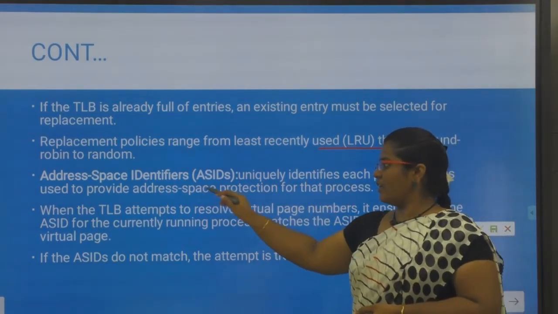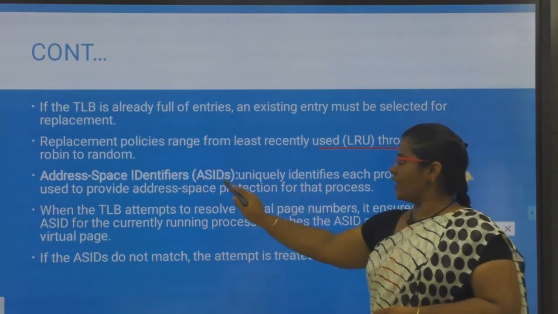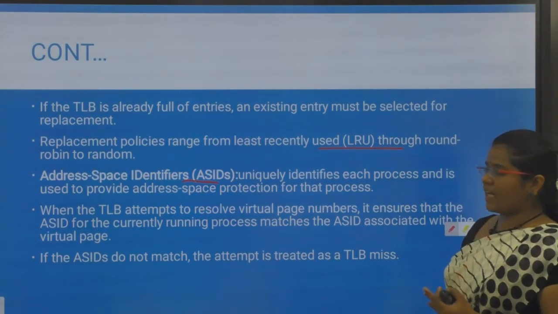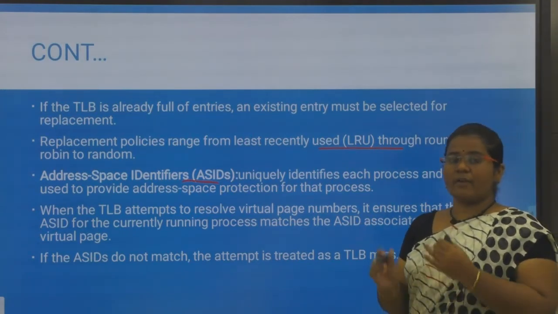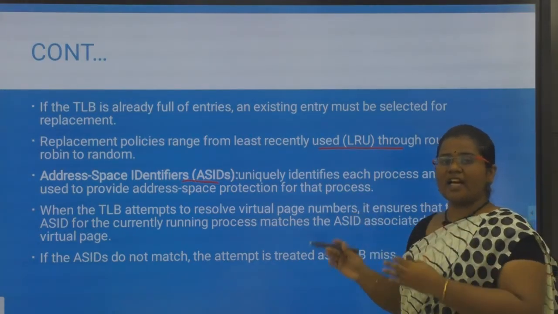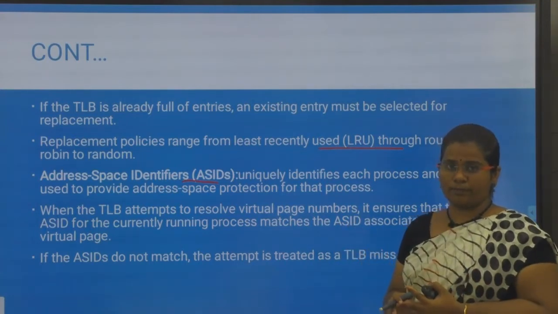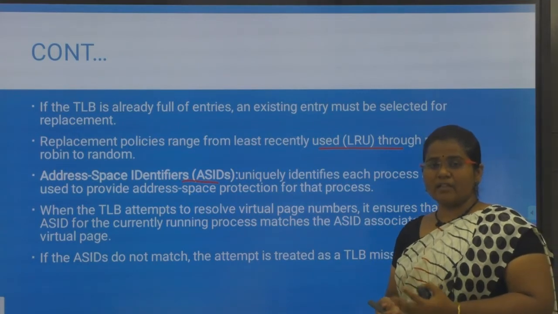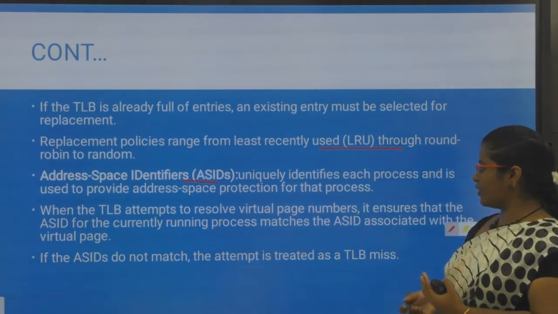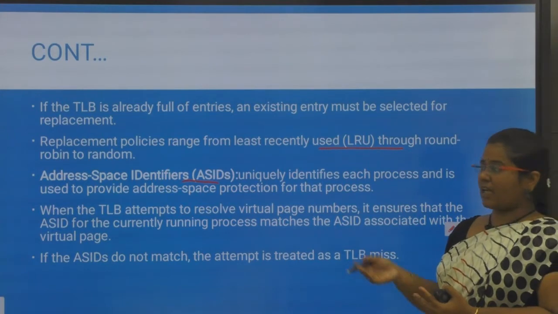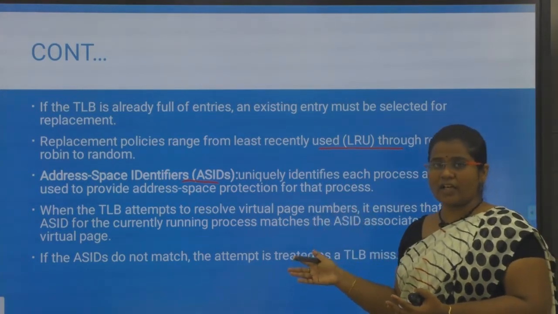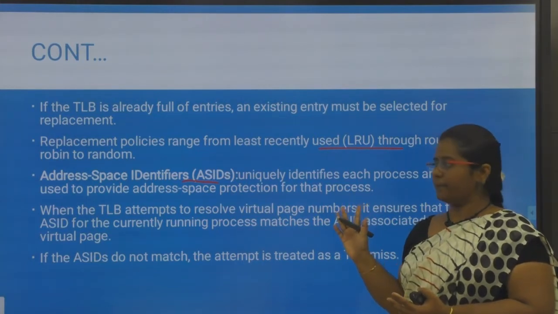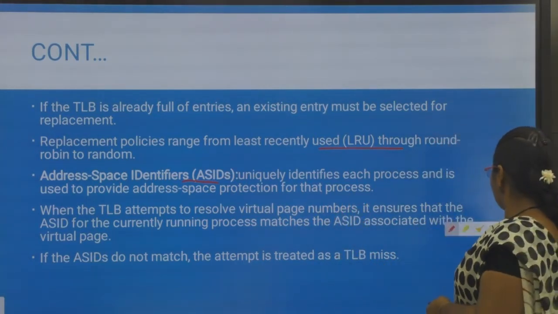The next term we need to know is the address space identifiers. Address space identifiers store from which address to which address your page belongs. Whenever you are trying to refer to a page number, the address space identifiers will check whether you are trying to access valid page numbers or not.